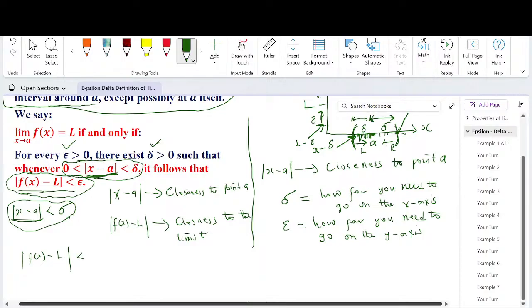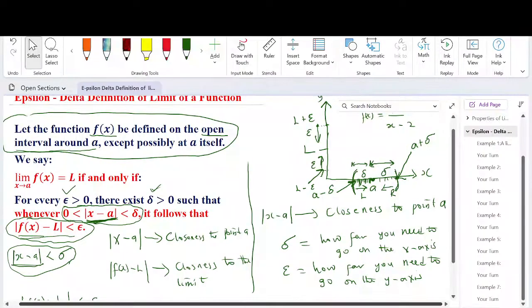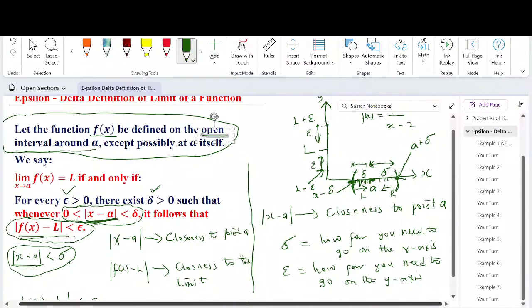If it's less than epsilon, it means it is within the value of epsilon. So the closeness to the limit must be within this region or this region.